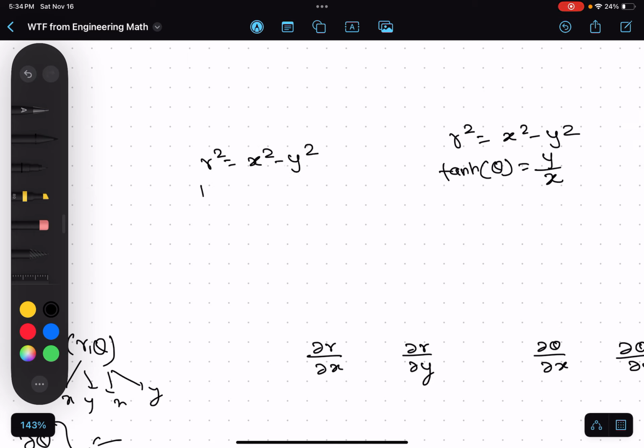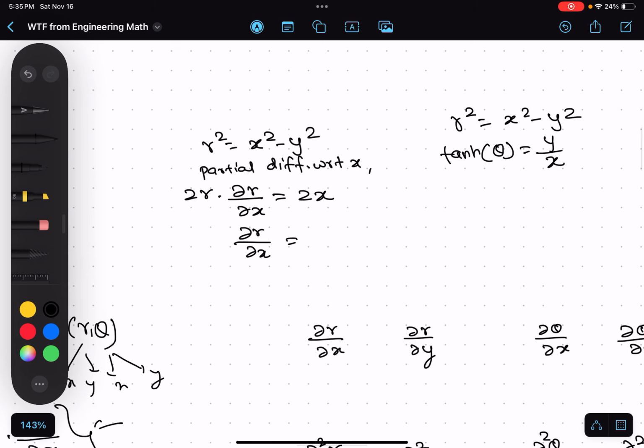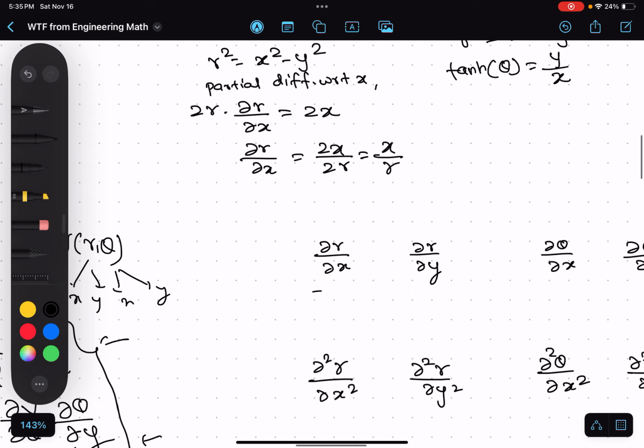Now if I take the partial derivative with respect to x, this will just be 2r times partial r by partial x equals 2x, because y is just constant, so that goes to 0. So this is just 2x by 2r, which is just x by r. So I got the expression, right?